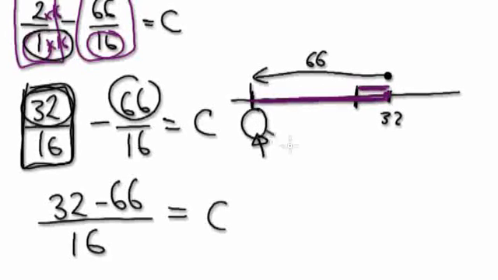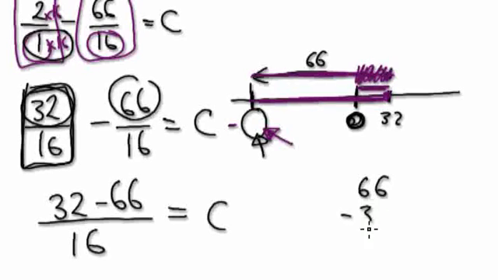So all you have to do, if you want to know this address, is get 66, which is this length here, take away 32 for the time being. Then whatever the answer is, stick a minus in front of it, because we're in the negative realm. So this is 0 here, and just get 66, take away 32.